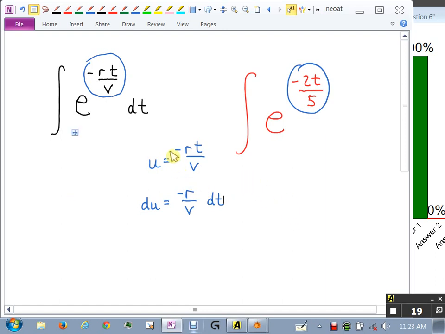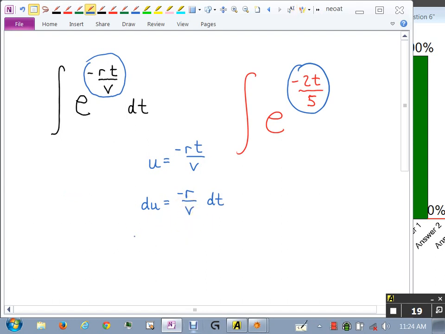And I'm trying to rewrite this. I know that this e to this is going to become e to u, but dt needs to be replaced, which means I need to solve this for dt. I don't have a negative r over v sitting anywhere here, do I? No. So I have to multiply by the reciprocal to get it out of here.